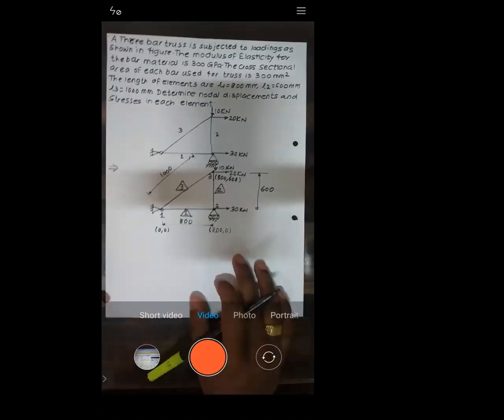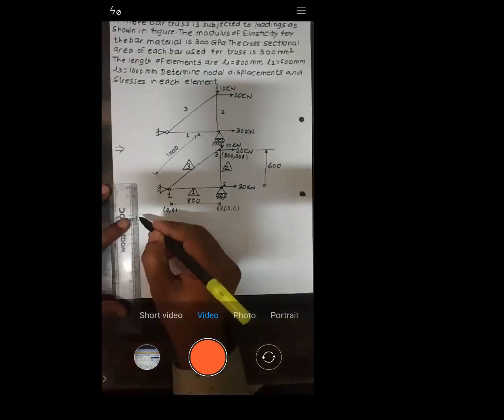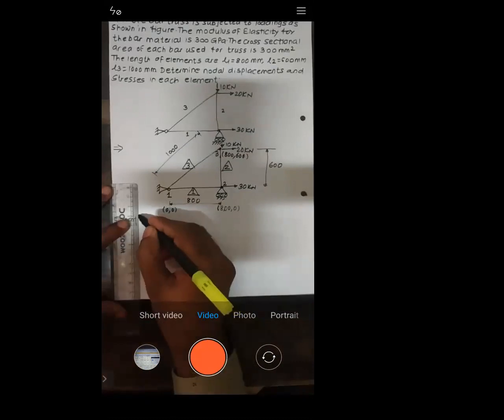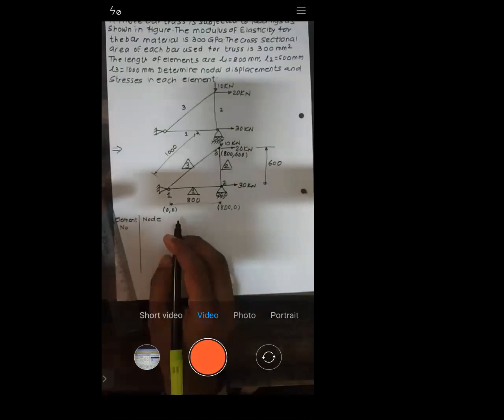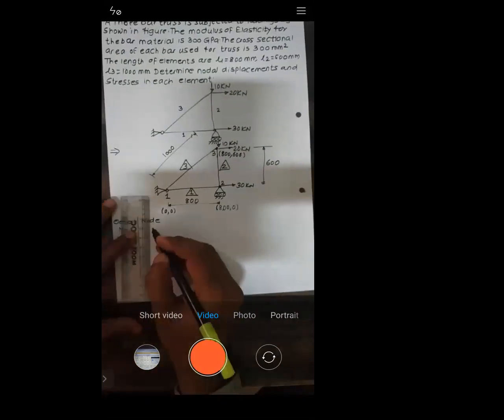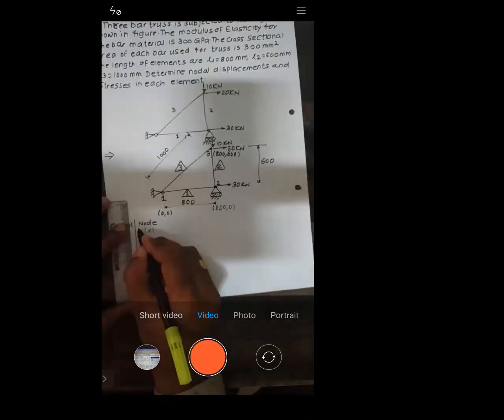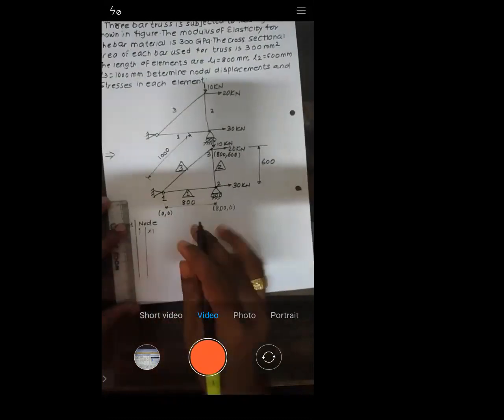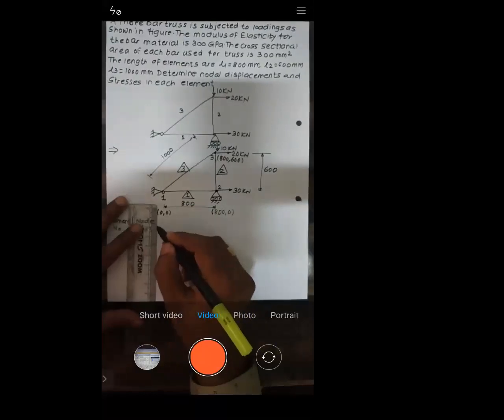In the table, you have the element number. In that element number, we have nodes. Every element will be between node I and node J. Node I will have Xi, and similarly it will have Yi.